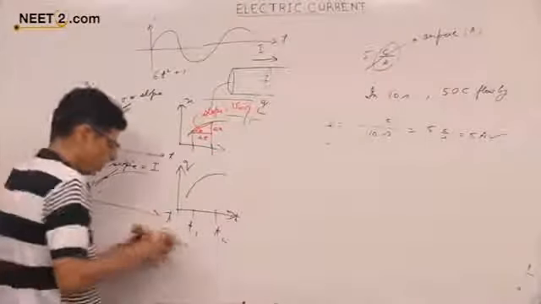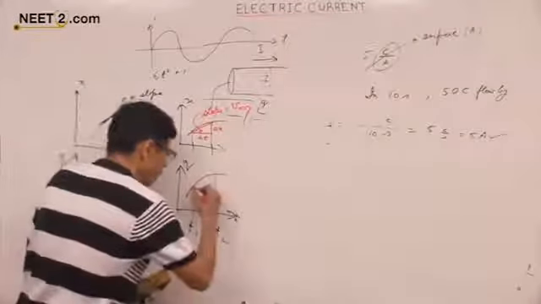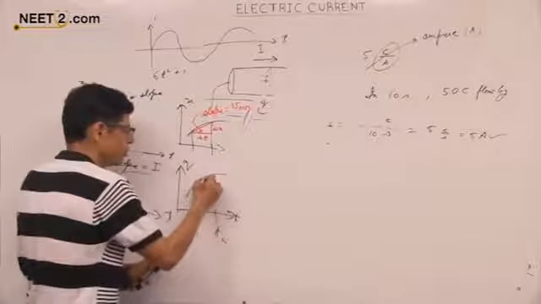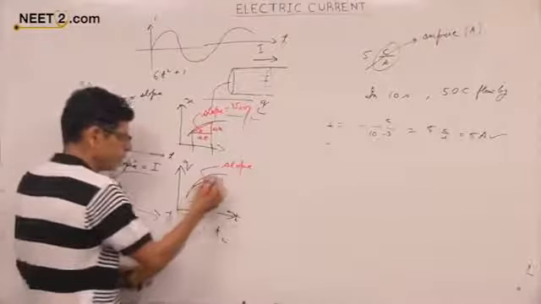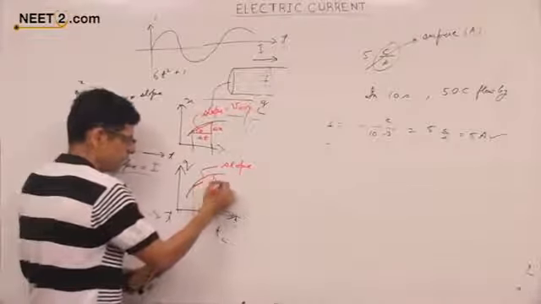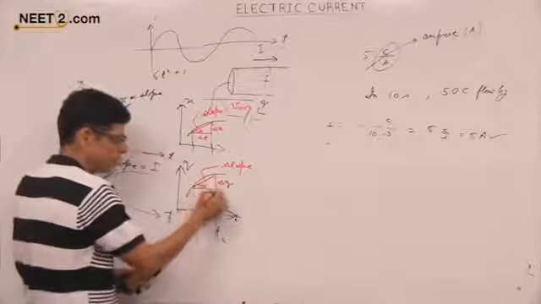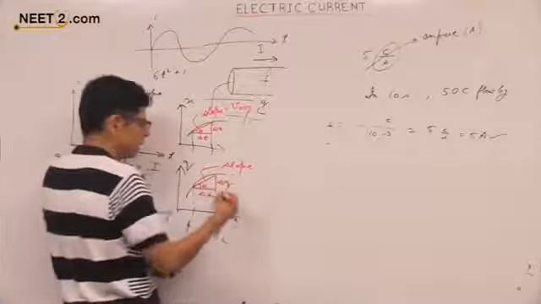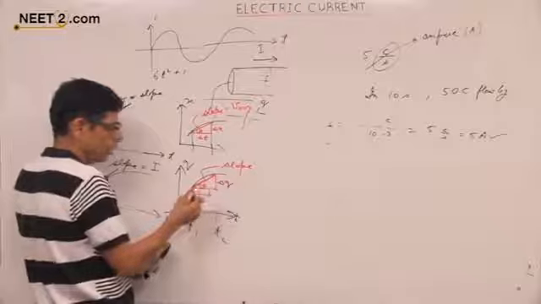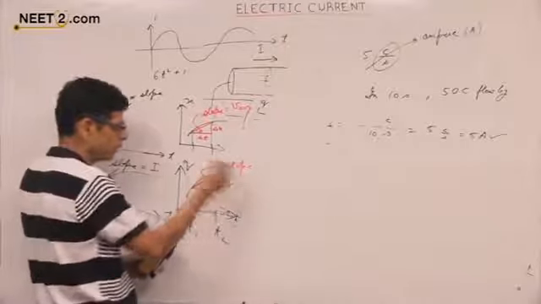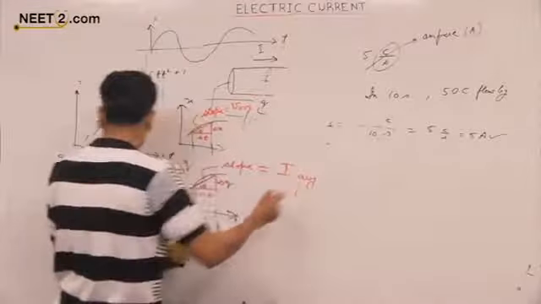All you have to do is reach out to the graph, draw the join here, and check the slope. If you want the work all over again, you say this represents delta q and this represents delta t, and tan of this angle is delta q by delta t. On the one hand, tan of theta is the slope, and on the other hand, delta q by delta t is the average current. So slope represents I average.